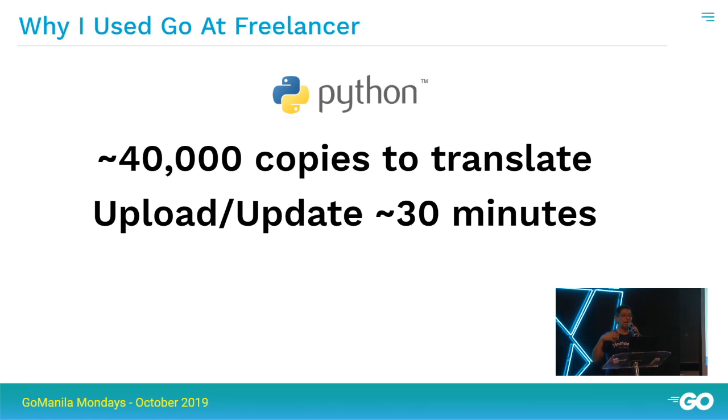Python served us very well for writing this. It was a nice little CLI that would allow us to both upload translations domain and download translations domain. It was really cool. But like I said, it was getting progressively slow. And the microservice that we had at the back end is also written in Python. Unfortunately, it was getting a little bit slow.